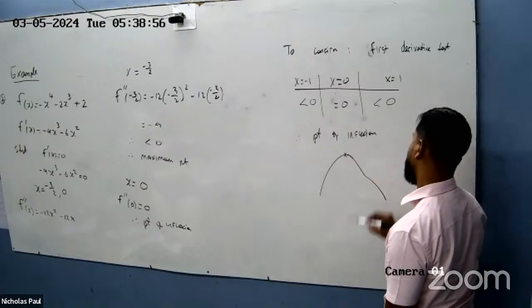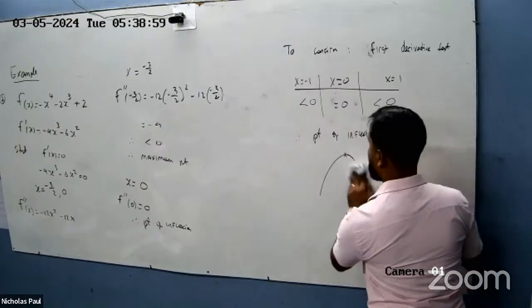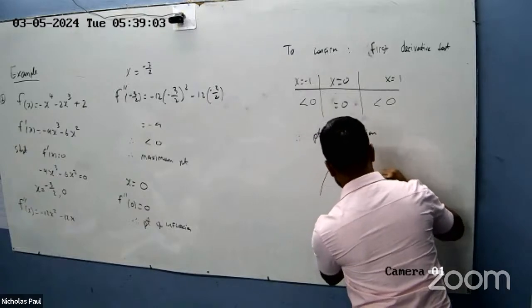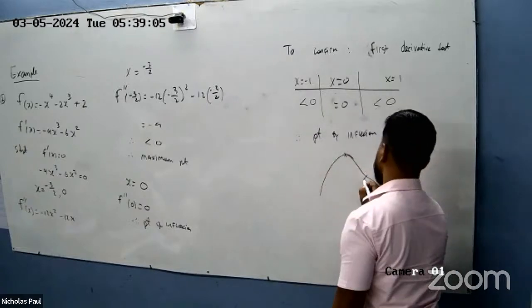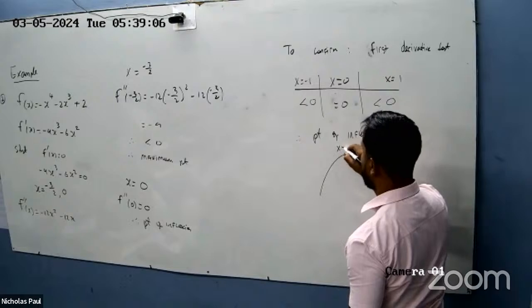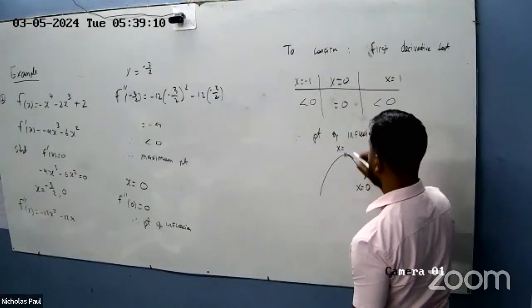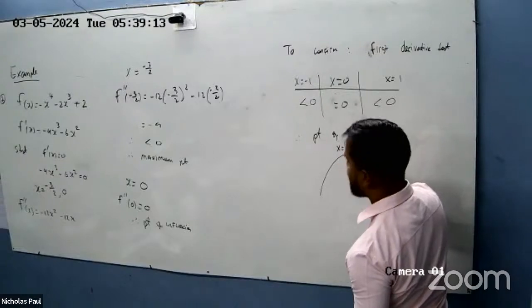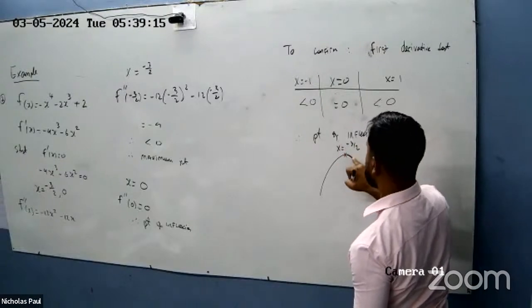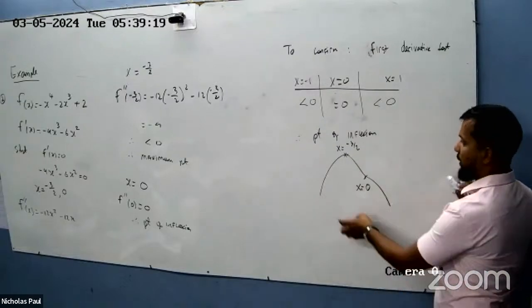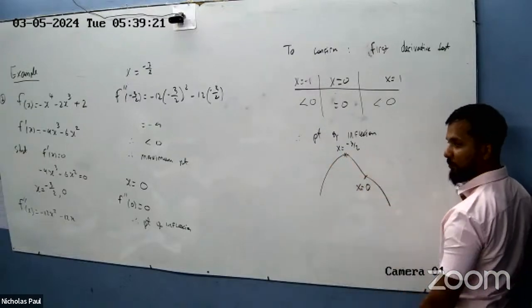Probably something like that. You probably have your point of inflection here, sorry, at 0, and your maximum here at -3 on 2. So it probably looks something like that.